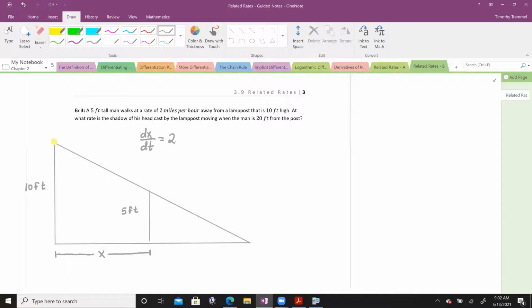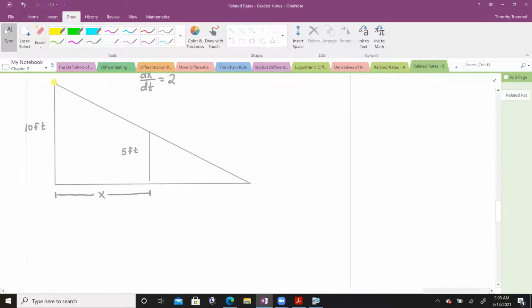At what rate is the shadow of the head cast by the lamppost moving? What we're thinking about now is how fast is that end moving from this end? We want to know how fast is that shadow going? Well, that means we need to be thinking about how fast this big side length here is changing.